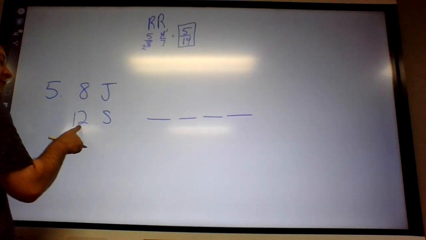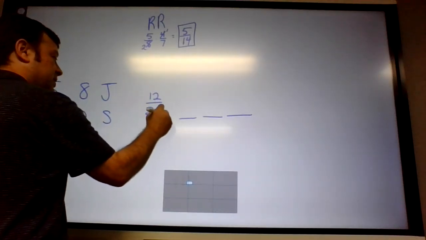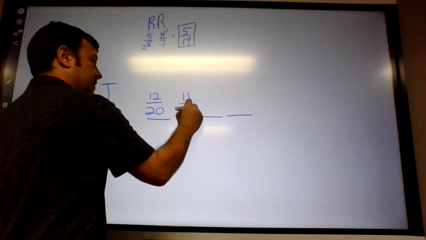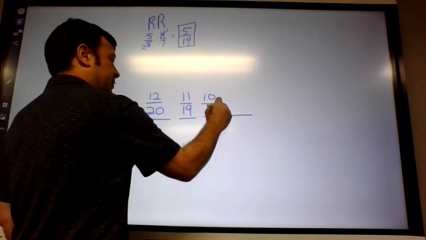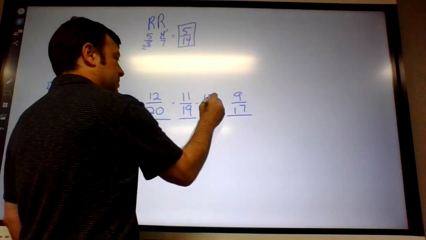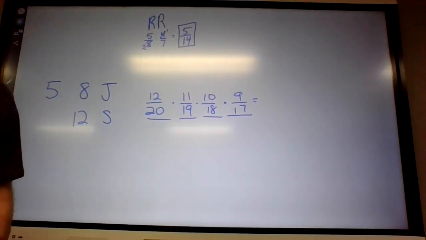What's the probability that the first one's a senior? 12 and 20. Second one's a senior. And you just do a countdown. It's the final countdown.